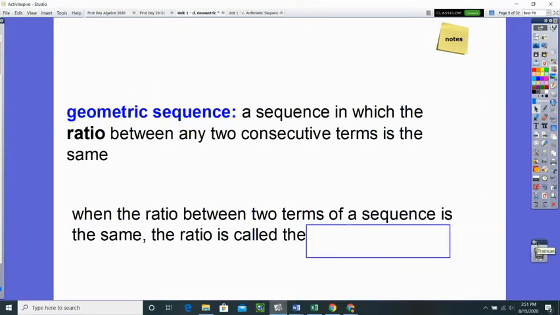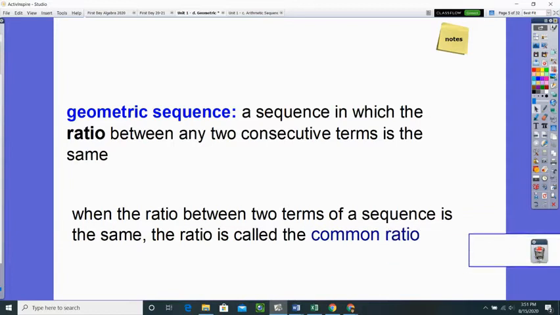So a geometric sequence is a sequence in which the ratio between any 2 consecutive terms is the same. Now, when that ratio between 2 terms of a sequence is the same, that ratio is called the common ratio instead of common difference.